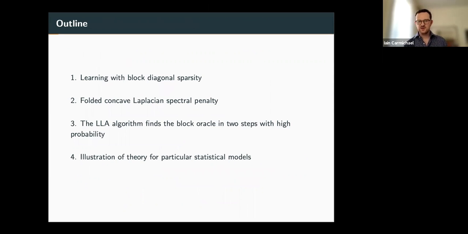For the rest of the talk, I'm going to first introduce what I mean by learning with block diagonal sparsity. Then I'll introduce our penalty, then talk about some of the general theory showing that our penalty works, and then illustrate that theory for a few classical estimation problems like linear regression, etc.